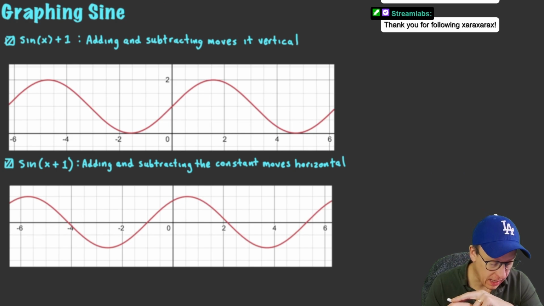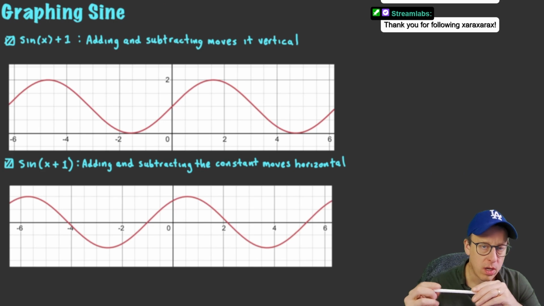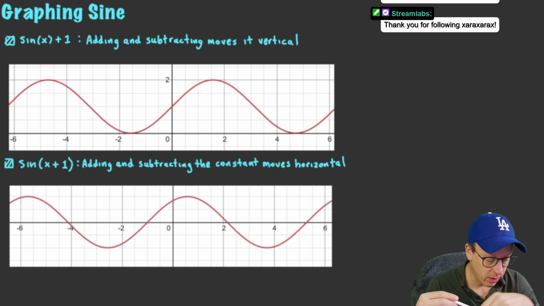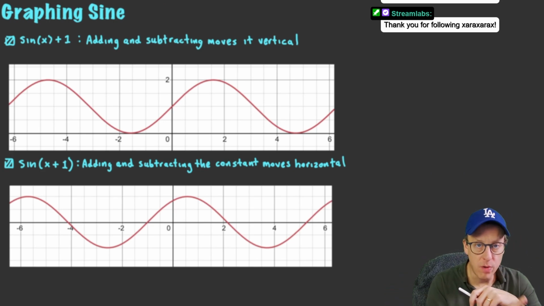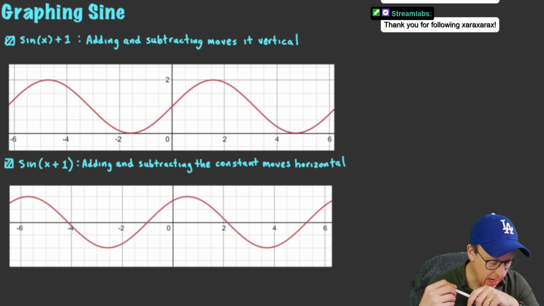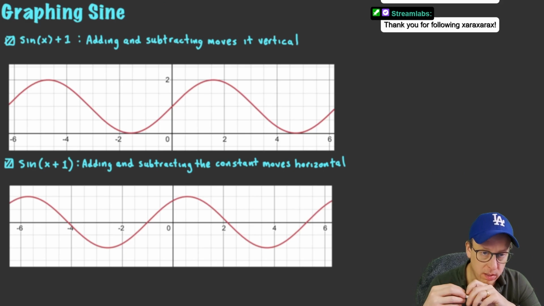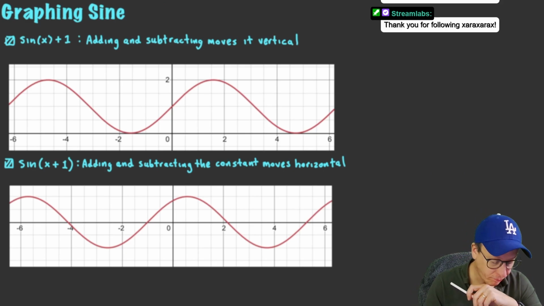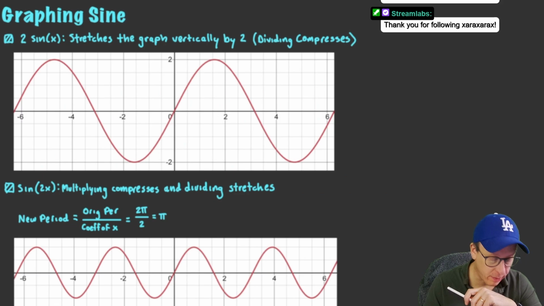And if we're going to make additional changes, let's say we wanted to add a value to our sine function, that is just going to move it vertically. And if we were going to add and subtract a constant inside, it is going to move horizontally. And again, this is all the different breakdowns of how this is going to work for us.